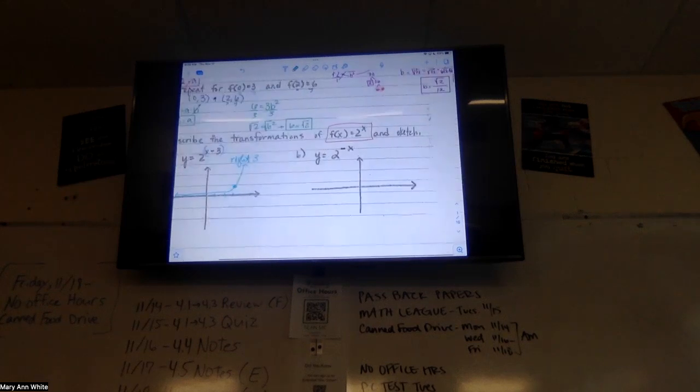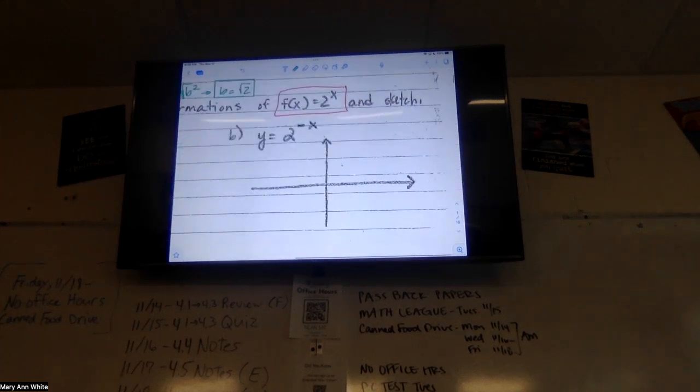All right, the next one, I was starting with 2 raised to the x, and now I've got 2 raised to the -x. Do you remember what that negative does to my graph? Flips it. Now, does it flip it over the x, on top of each other, or does it flip it left and right? It's actually going to go left and right. If the negative is out front, that's the negative we're more used to, where it flips on top of each other.